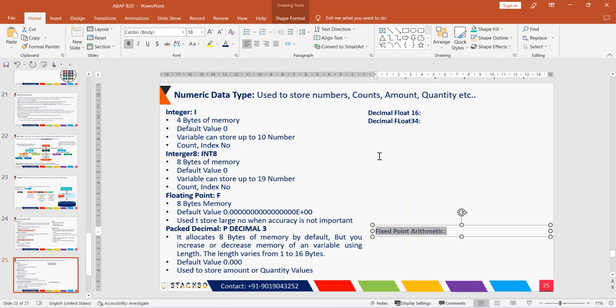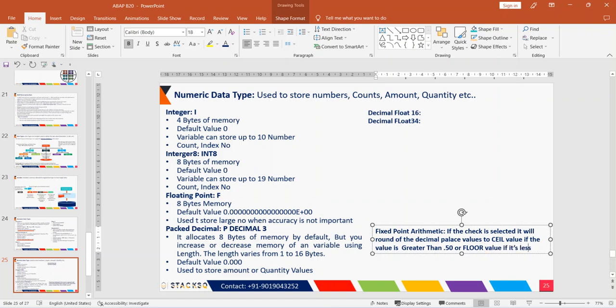Let me also write on this. If the checkbox is selected, it will round off the decimal place values to the ceil value if the value is greater than 0.5, or the floor value if it is less than 0.5.